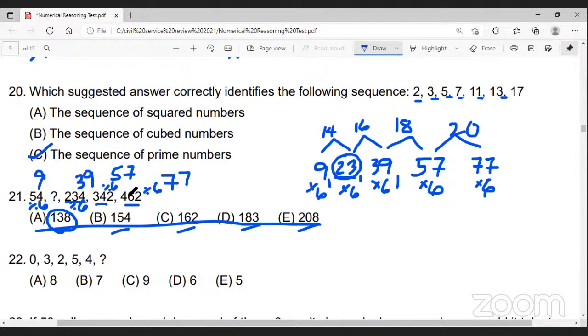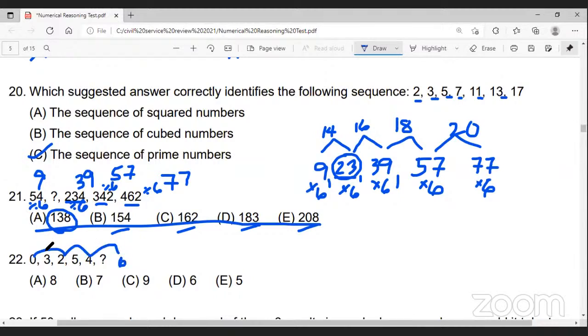22nd item na tayo. 0, 3, 2, 5, 4. What's the next? What's the unknown number? Clue: look at the odd numbered position and the even numbered position. Miss Jem? 7. From 0 to 2, 4, expect that the next would be 6.